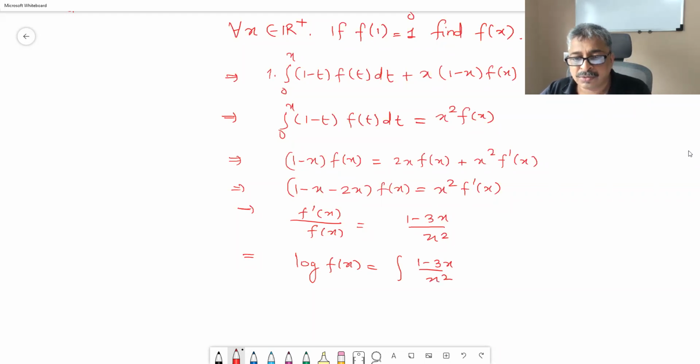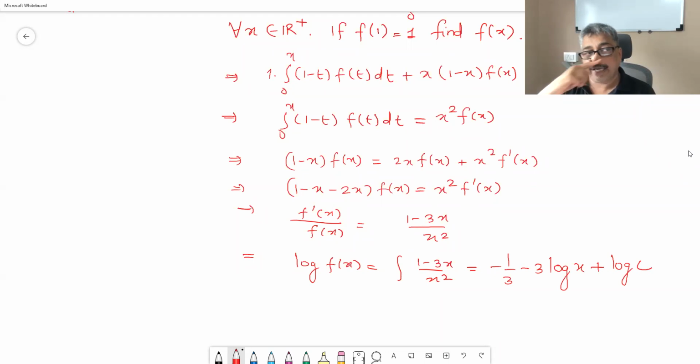This is where you should be really expert. So log f of x is equal to minus 1 by x minus 3 log x plus log c, that is a constant of integration. Now if you are stuck at this stage, you might as well go back and revise your indefinite integral.